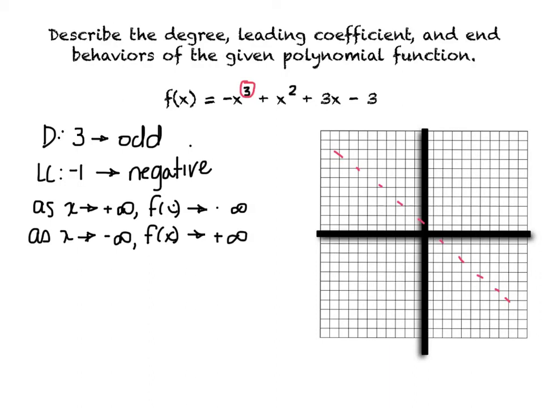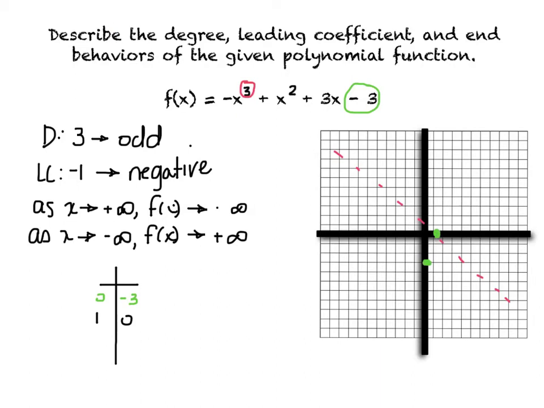Now let's make a table and throw some points in there. I automatically know from this that this is going to be my y-intercept. So we're going to put a point there. Let's plug in 1. If I plug in 1, I'm going to get -1 plus 1 plus 3 minus 3. It would be 0. So I found a root.